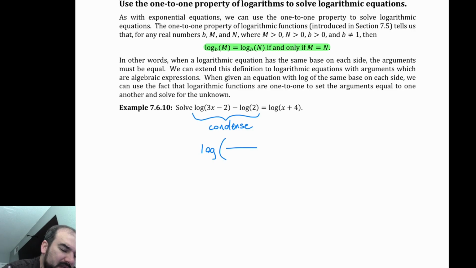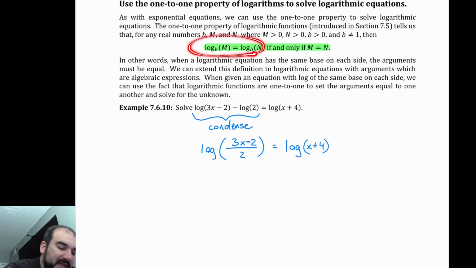Any positive log's inside goes in the numerator, and any negative log's inside goes in the denominator. So we'll have 3x minus 2 in the numerator and a 2 in the denominator, and that's equal to log of x plus 4.